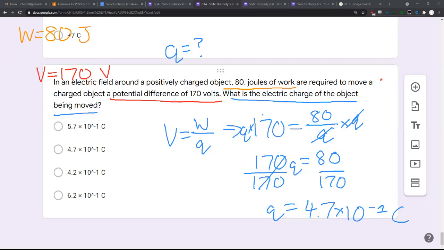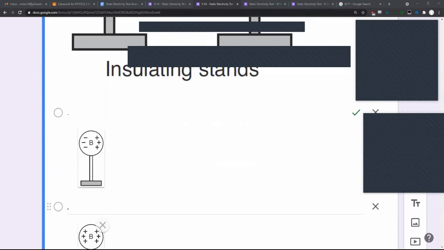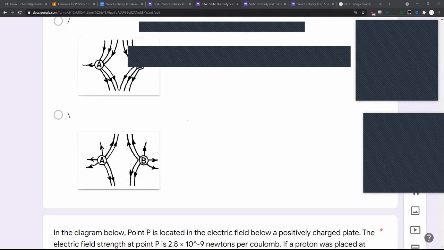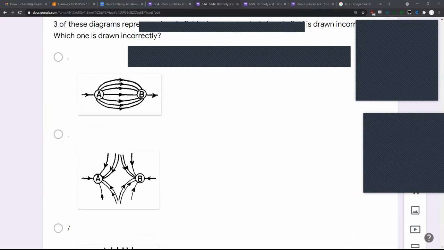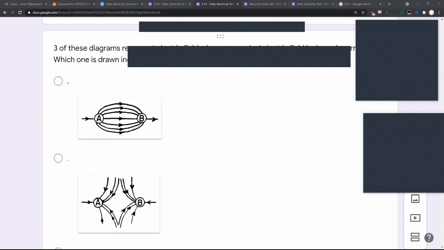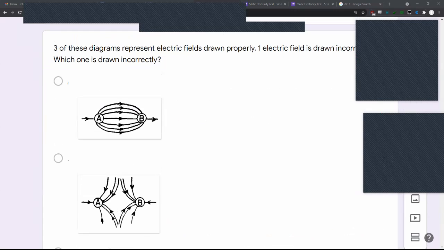Could I do 6? Sure. This question was like one of the questions on 6.6. Number 6 was about properly drawn electric fields. One thing about electric fields is that I drew them for you. Electric fields must point a certain direction.